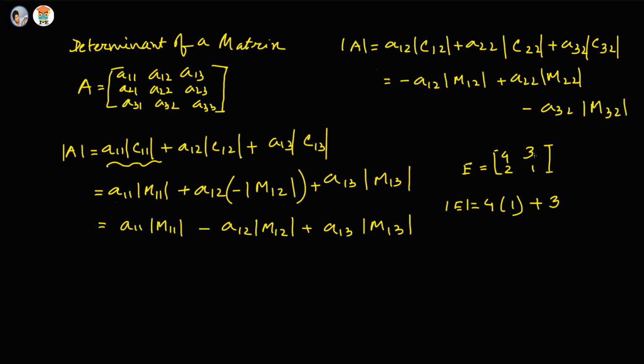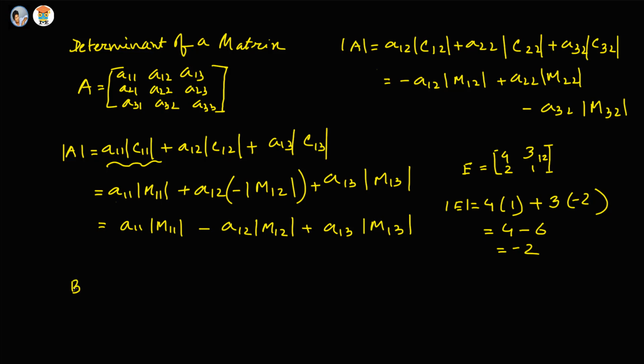Now this element is in the first row and second column, 1 plus 2, which is 3, an odd number, so as its minor is 2, its cofactor will be minus 2. So what we have? 4 minus 6, therefore minus 2.